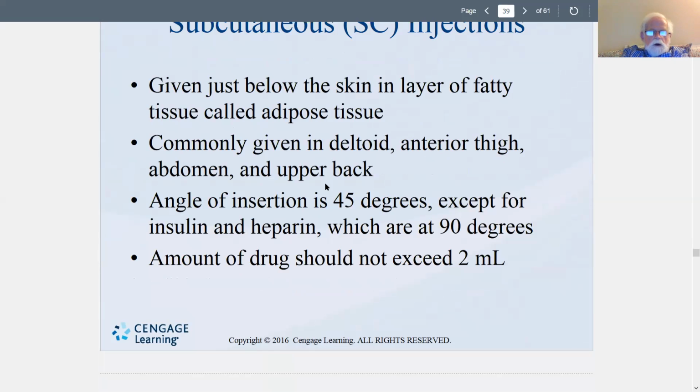There are also places on the upper chest and upper back. We go in at a 45-degree angle, except for insulin and heparin, which we go in at a 90-degree angle. Heparin is a blood thinner. It's an anticoagulant that's often used post-surgically.